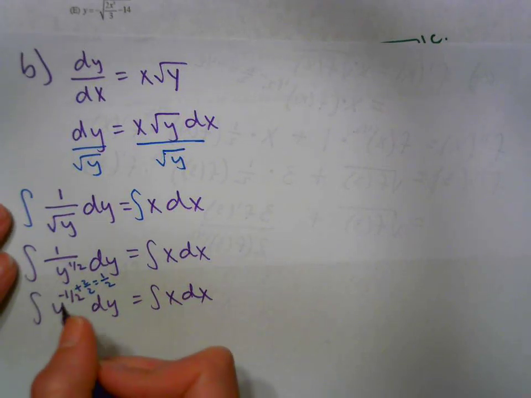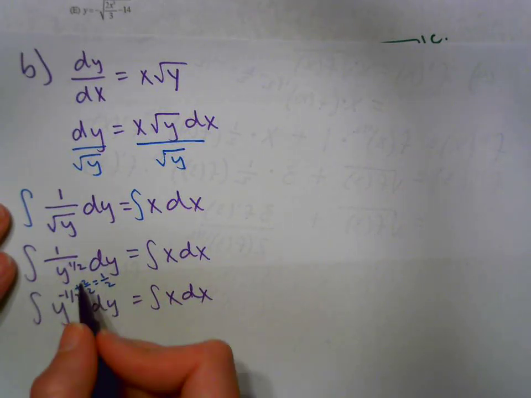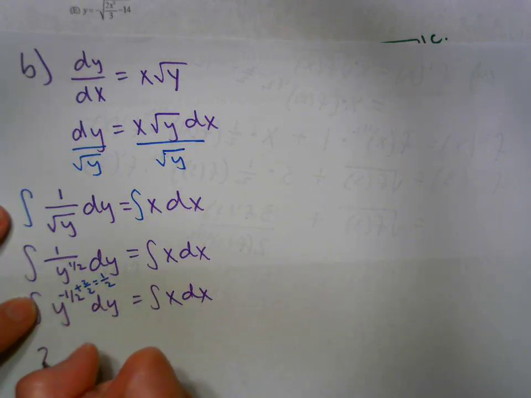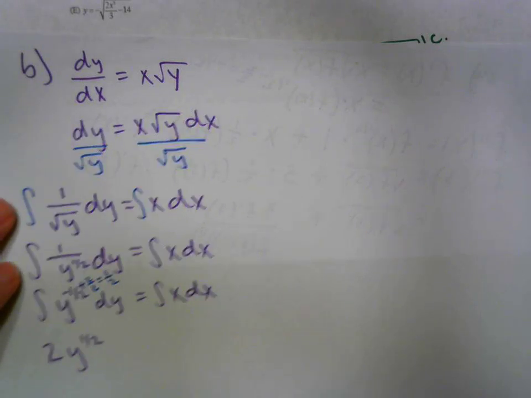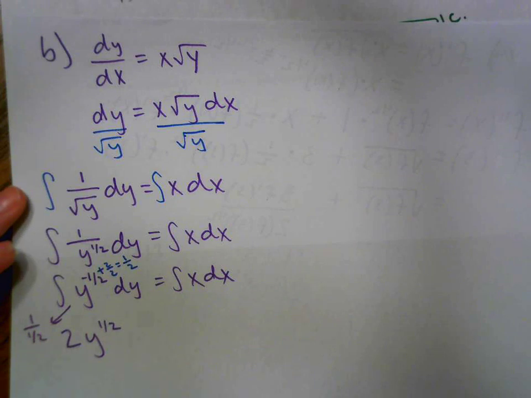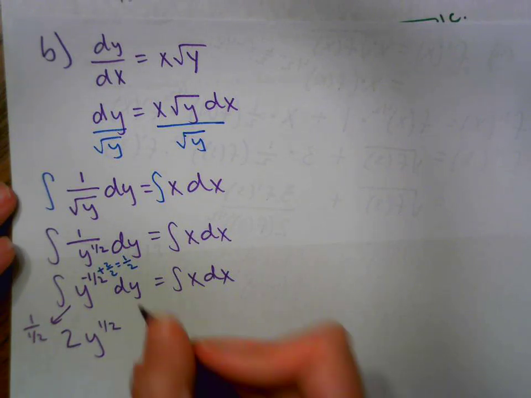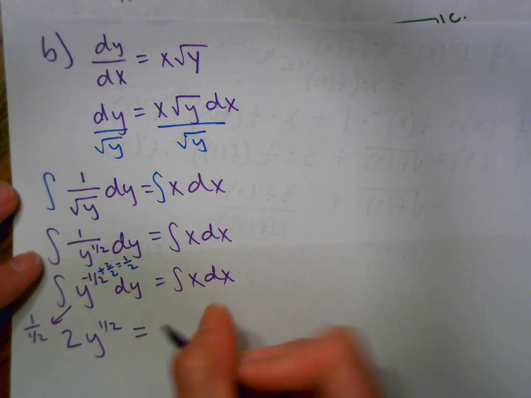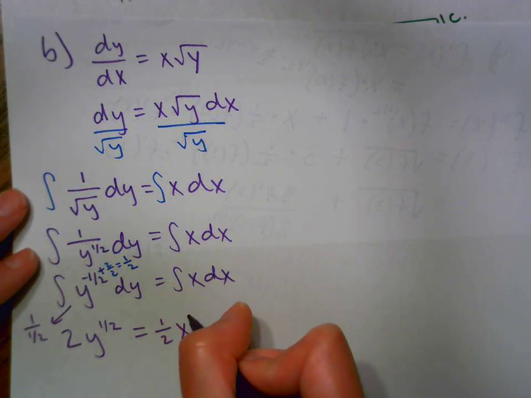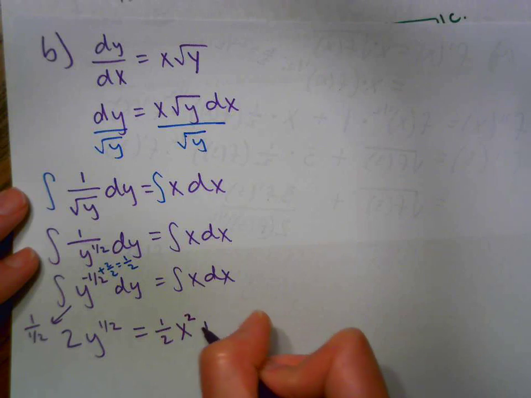So you can make it 1 over 1/2, keep, change, flip, or it's just going to be the reciprocal of that fraction. So it's going to be 2y to the 1/2. But if you need to go over to the side and do 1 over 1/2, do that math. And then it equals, on this side, the integral of x would be 1/2 x squared. Yes, x squared plus c.